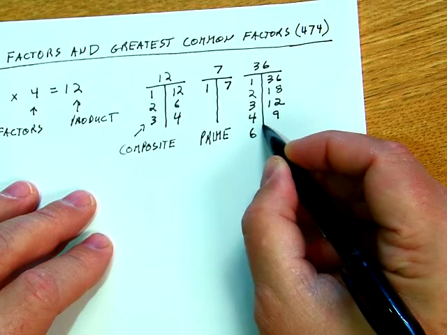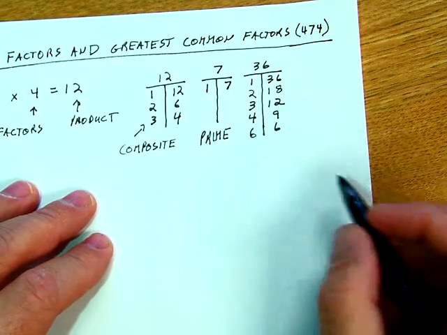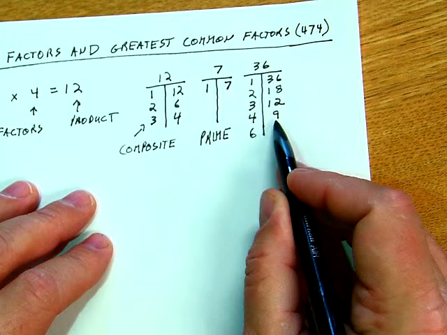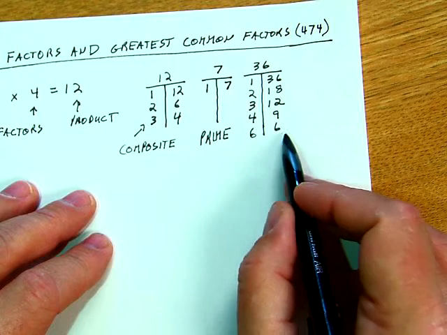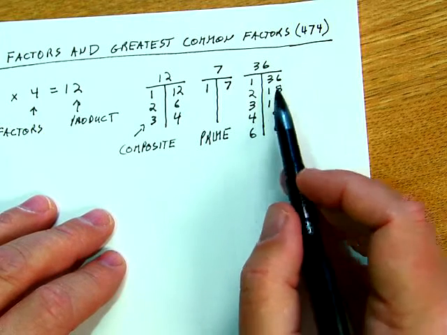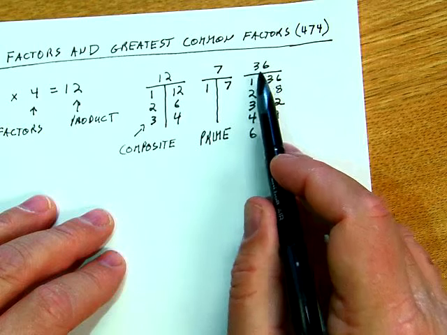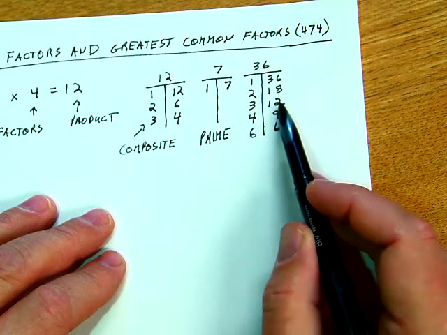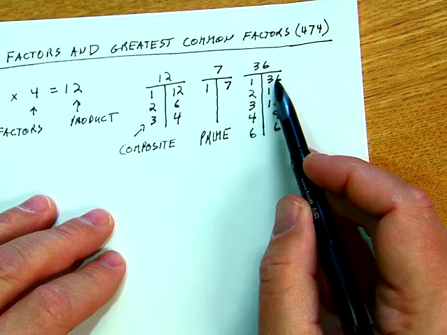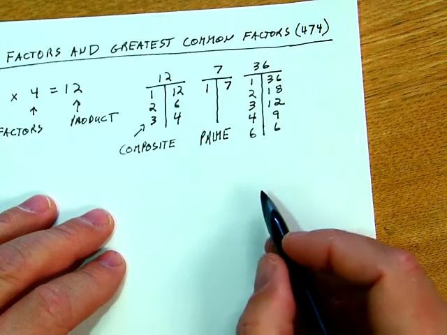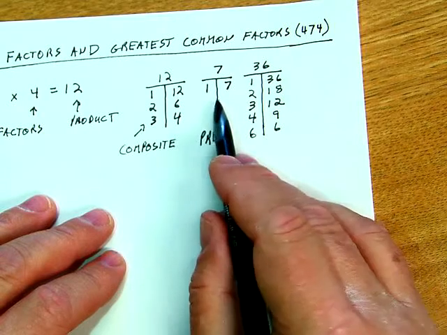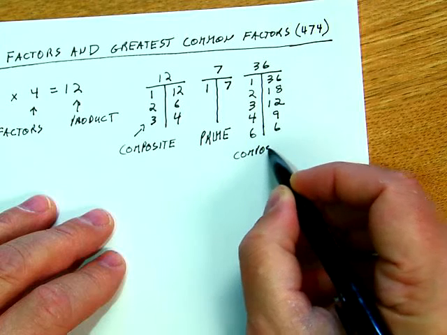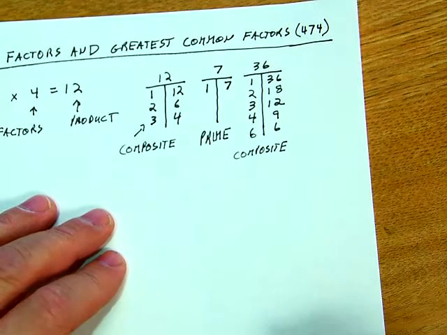Yes. 6 and 6. And now this number is equal to or bigger than the number here, so I know I'm done. And so my list of numbers that are factors of 36 are 1, 2, 3, 4, 6, 9, 12, 18, and 36. And then I can say, well, because this has more than just the one pair of numbers, this is a composite number.